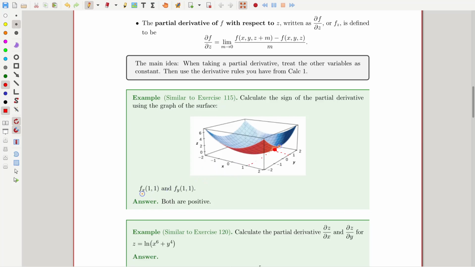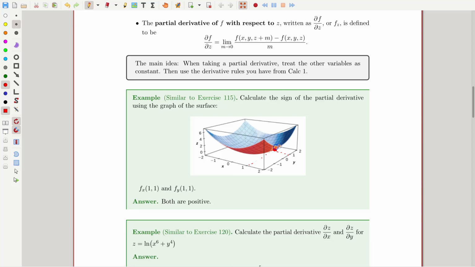And so if you're talking about the derivative in the x direction at this point, that's what happens if you adjust x by a small quantity, which means that we end up moving to the right a little bit like this, as I'm pointing out on the screen. Well, you can see that the function is then going to move me up, right? My z coordinate goes up a little bit, so this quantity is positive. And same with if I move in the y direction. Moving in the y direction, I end up moving further back, and you can see that the shape of this surface, the z coordinate gets moved up as well.